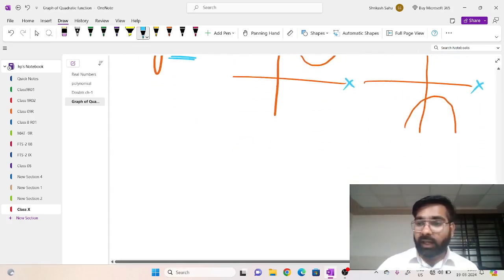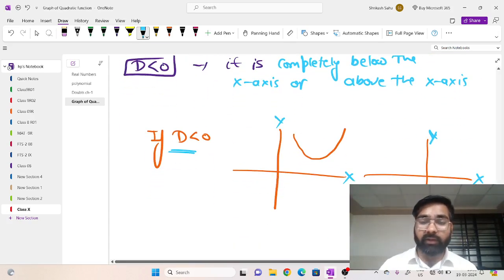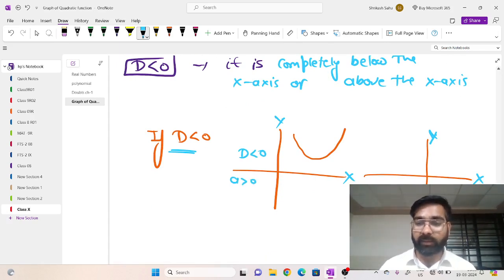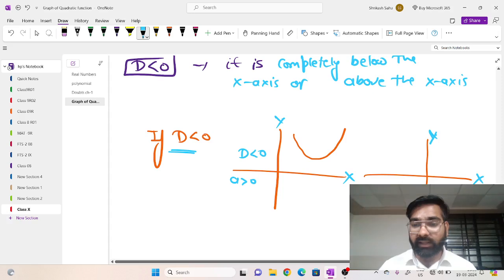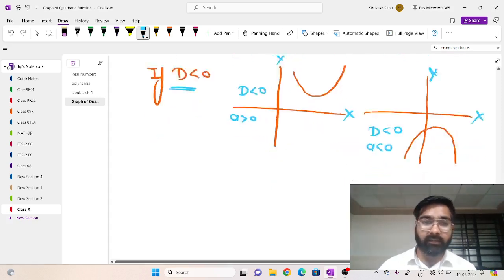Now in this case we define 2 points: D is less than 0 and a is more than 0, because it is an opening upward parabola. In this case, we define that D is less than 0 and a is also less than 0 because it is an opening downward parabola.